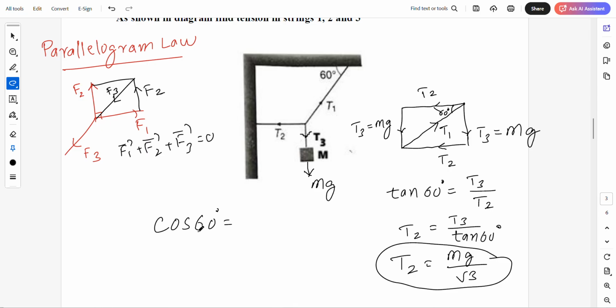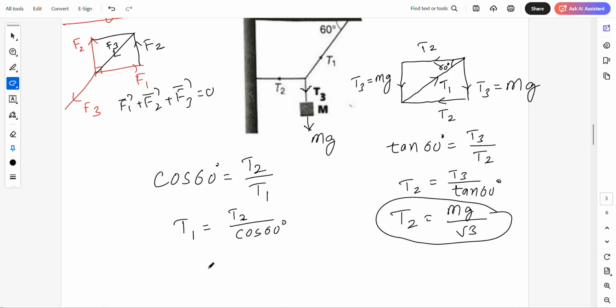Similarly, for cos of 60 degree, you know cos theta is equal to adjacent by hypotenuse. Adjacent is T2, that is base. T2 by hypotenuse, which one? T1. From here you can calculate T1 is equal to T2 by cos of 60 degree.